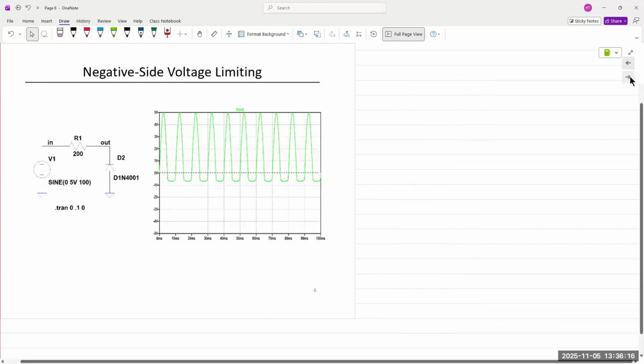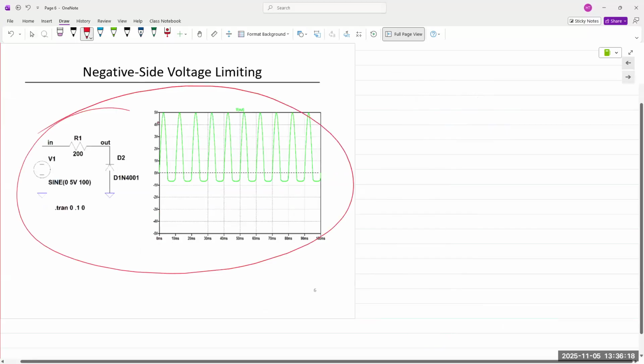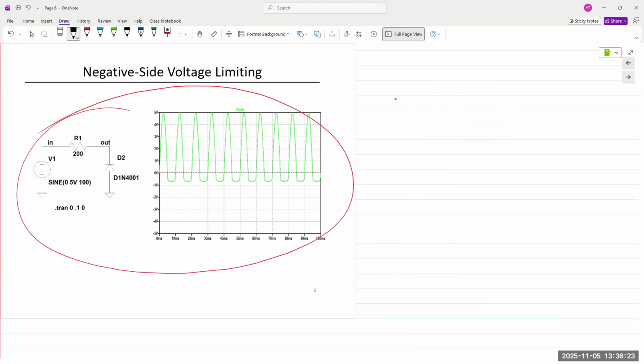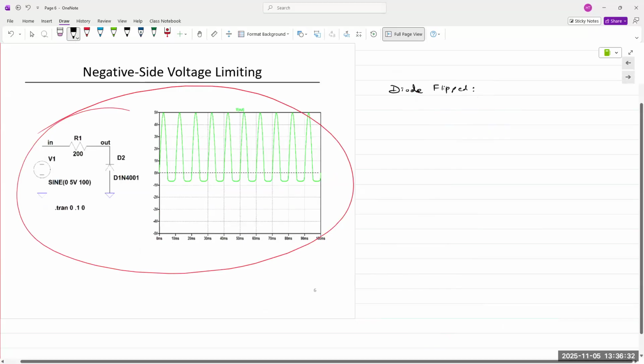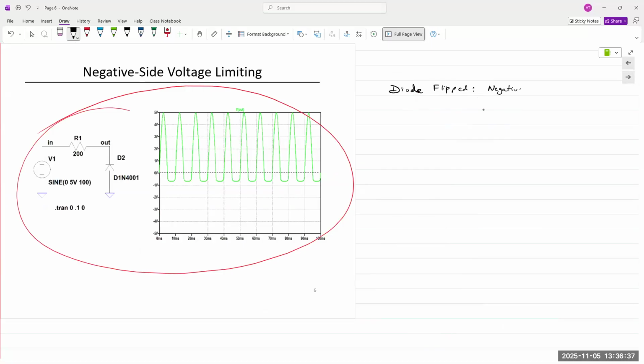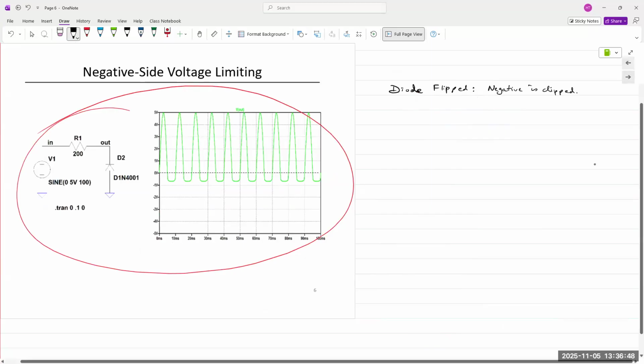Flip the diode, and you get the positive half cycle. Negative is cut. As practice, you should explain it to yourself how this circuit works based on the previous slide.